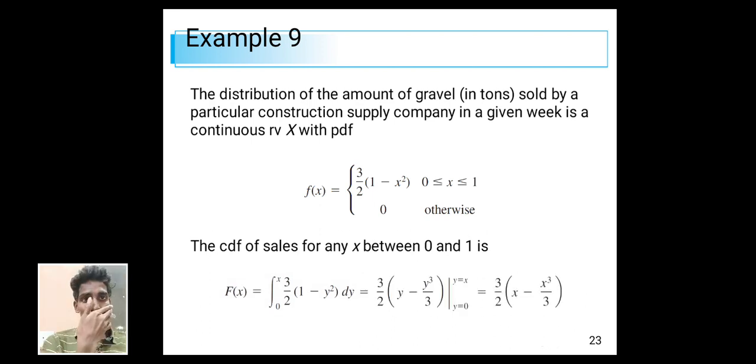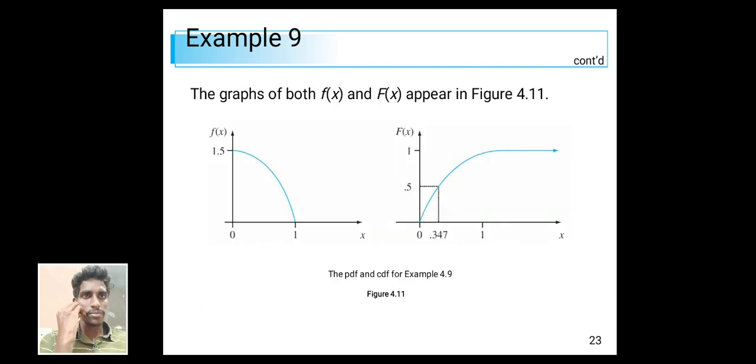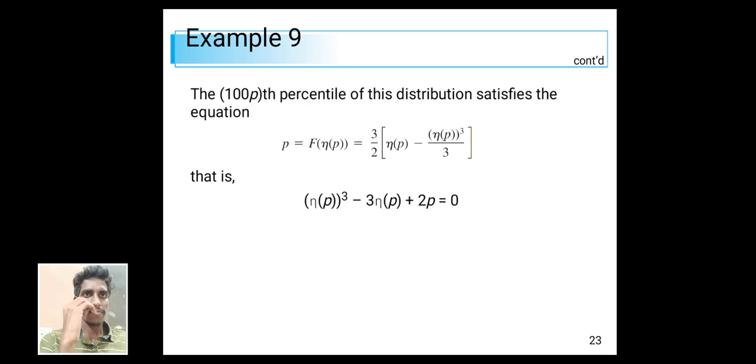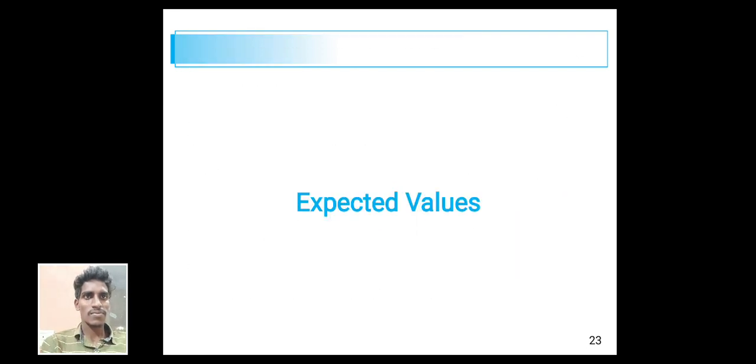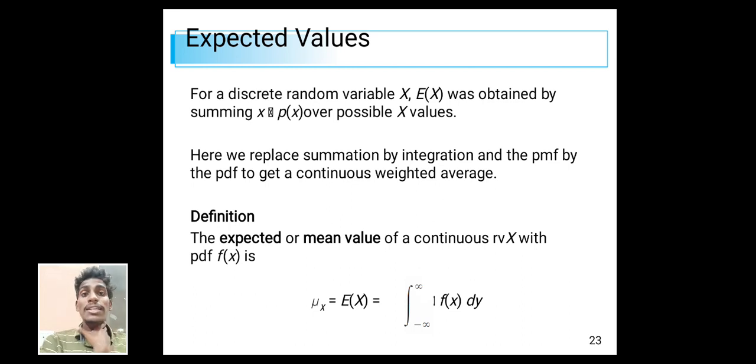The CDF for any x between 0 and 1 is given. What is the expected value for a continuous random variable? For a discrete random variable X, E(X) was obtained by summing x times p(x) over possible x values.